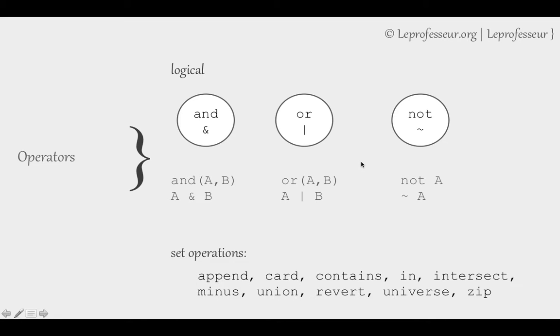And then there are some set operations which you can find detailed information on, but in simple sense: append some value you want to append to a set, cardinality of a set, you want to check whether a set contains a certain element or not, that is contains, in, belongs to a set, intersection of two sets, minus, A minus B. Say for example, let's say you have set A, B, A minus B, okay, union A union B. These are set operations, and so on.